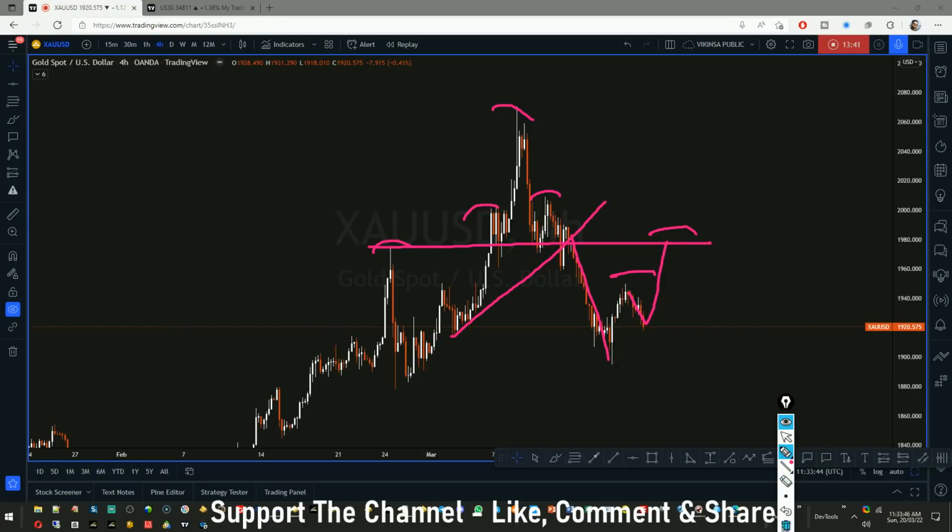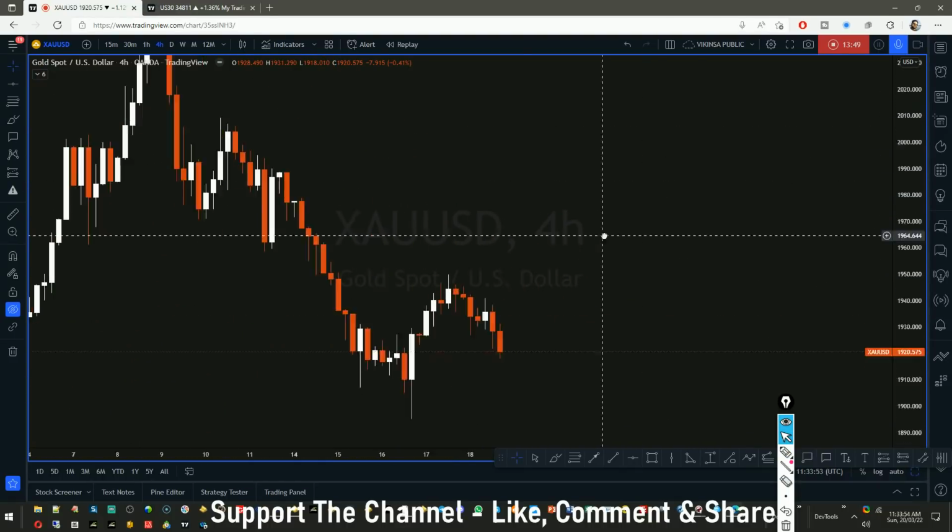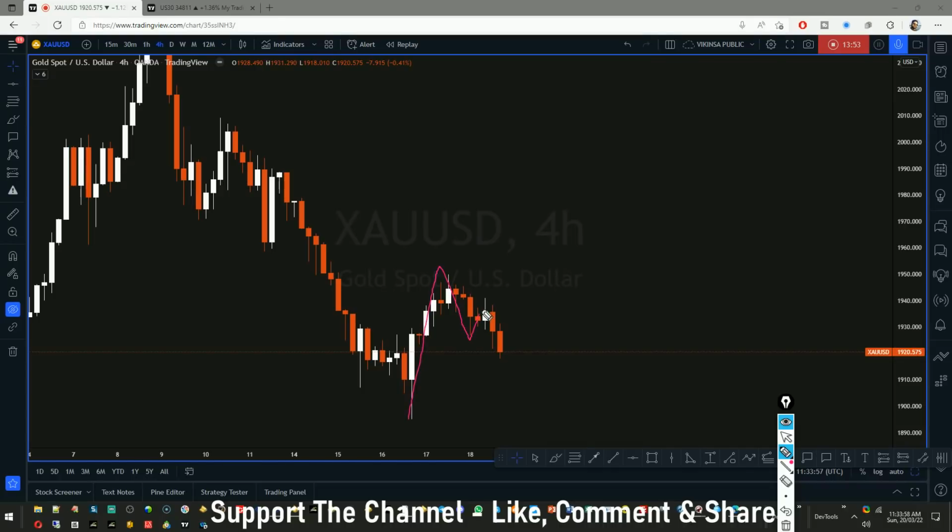And for the short term, as I said, once again, let me zoom in. What we can have is something like this: the market could be creating an M pattern here, which is completing here approximately at the same level, or it could be coming down to near about 1888.